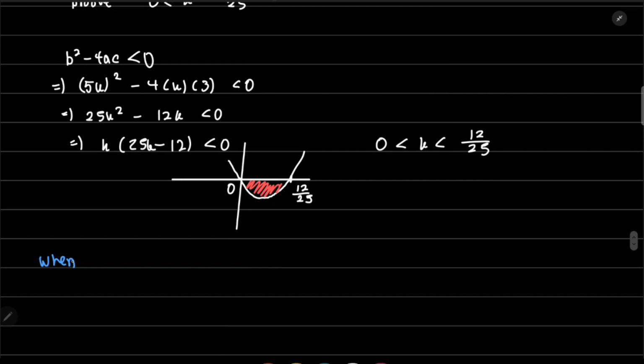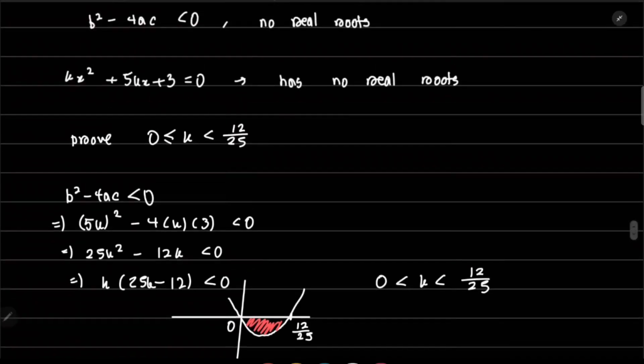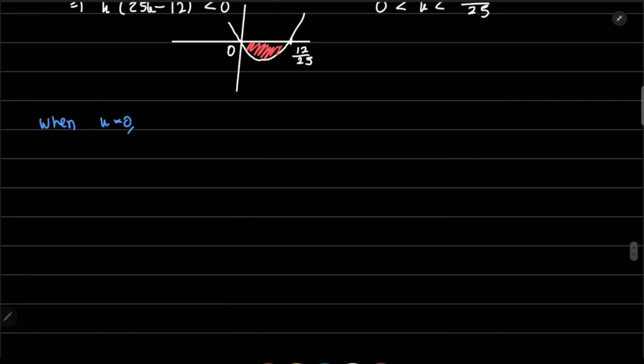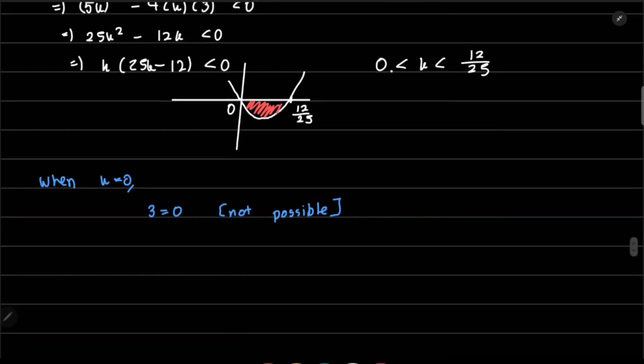Now when k is equal to 0, the equation I get is 0x squared plus 0x plus 3 is equal to 0. So I get the equation 3 is equal to 0. This is not possible. So when the value of k is equal to 0, I'll also have no real roots, so I can include that as well.